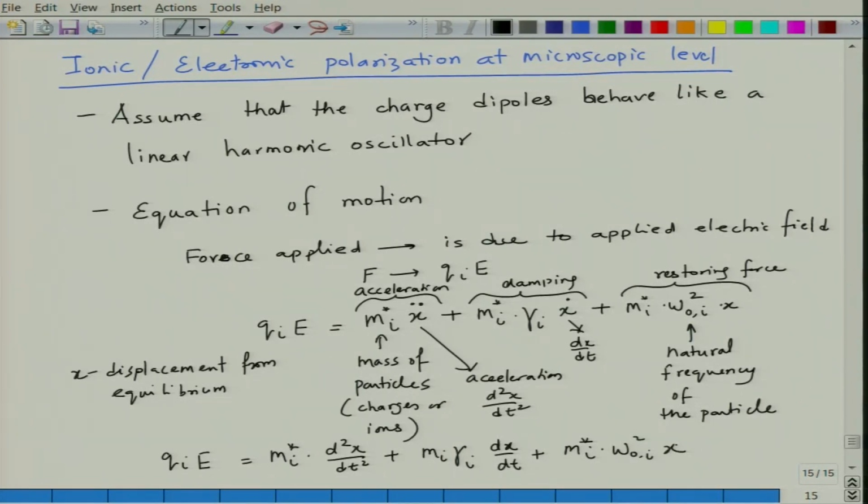This is the equation of motion. You will have an applied force. In response to the applied force, every particle will feel acceleration, and then you will have damping, and you will have a restoring force because of the spring through which it is connected, which we assume.